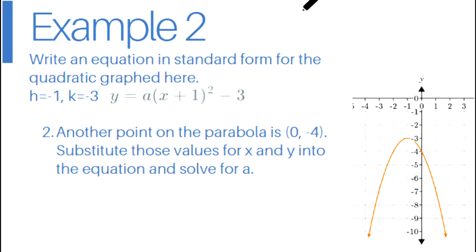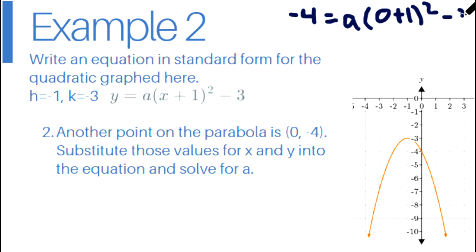So we have y, which in this case is -4, is equal to a times x, and our x value for this is 0, plus 1 squared minus 3. So for PEMDAS, we do the parentheses first.